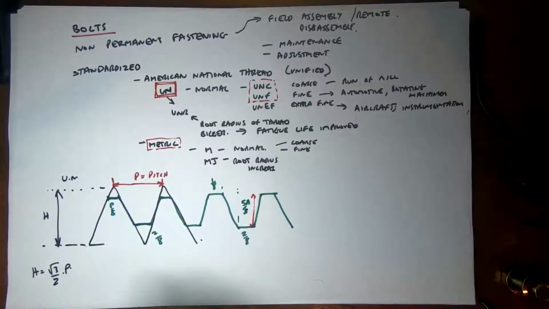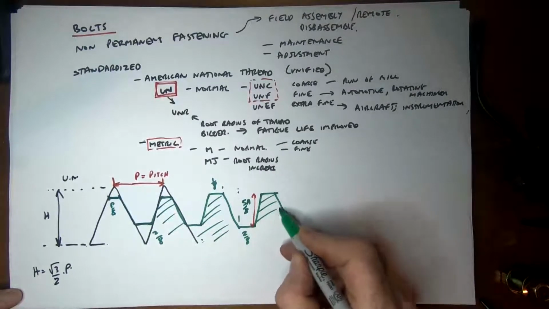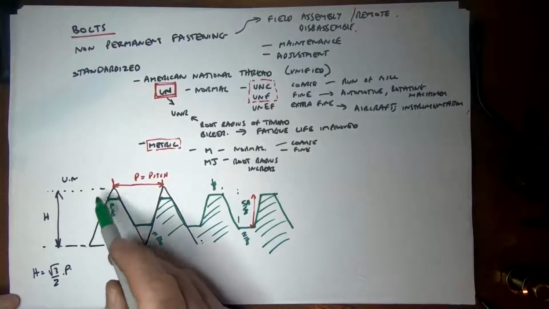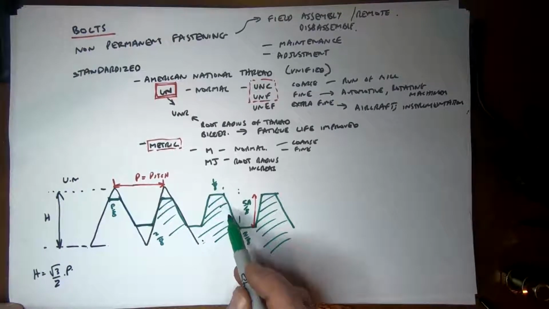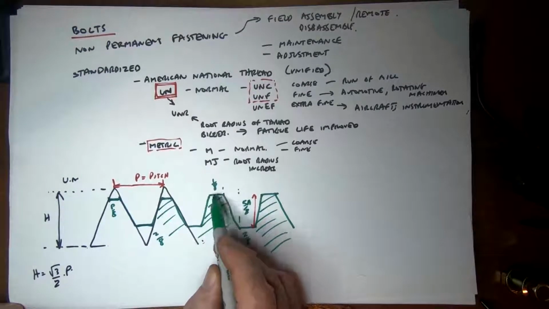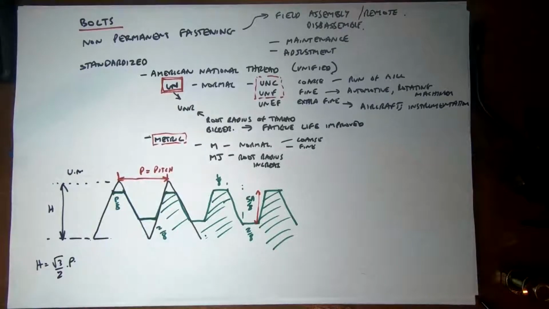So this is how you construct your thread. So basically it's kind of a lopped off equilateral triangle, and the idea then is we don't break off the thin point when we interlock those threads.